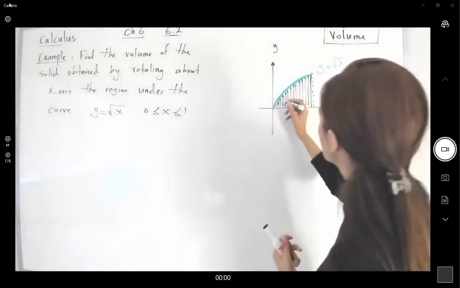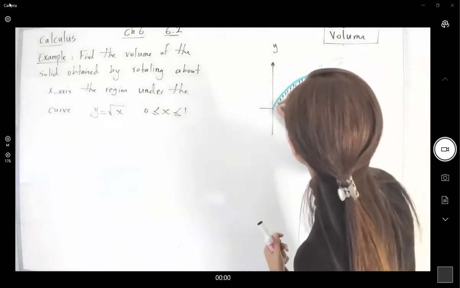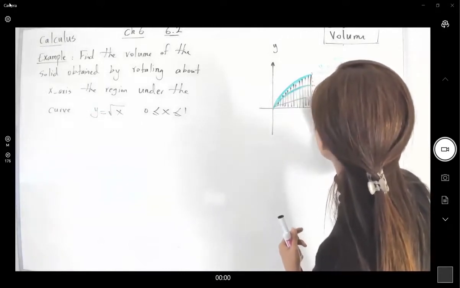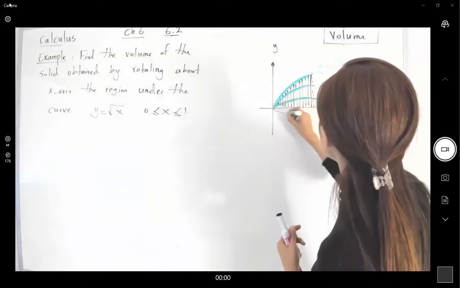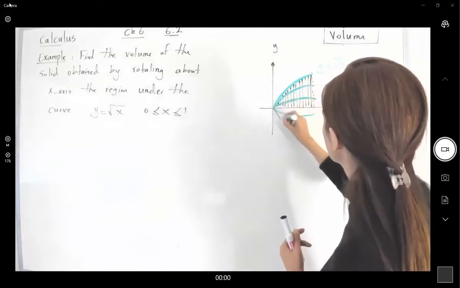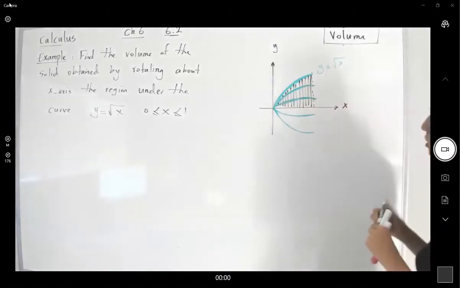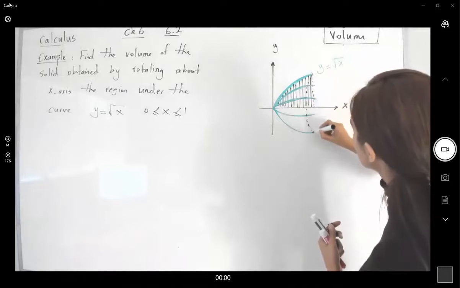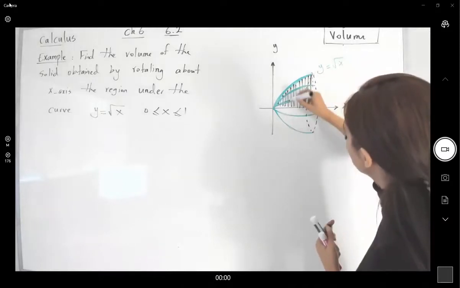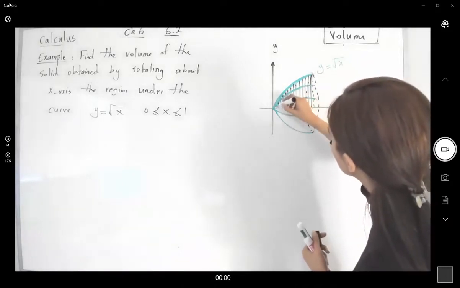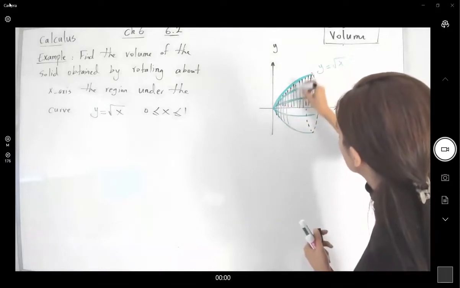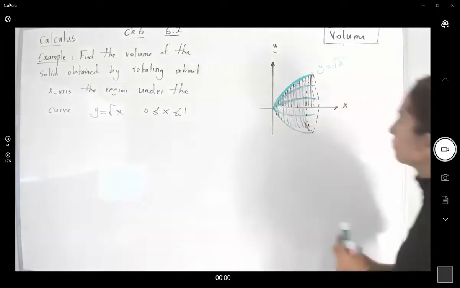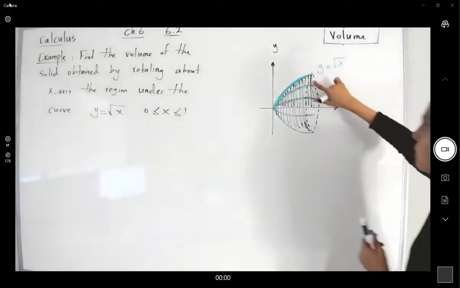So just keep rotating this guy about the x-axis. The rotation about the x-axis creates a solid, and we are interested in finding the volume of this solid.